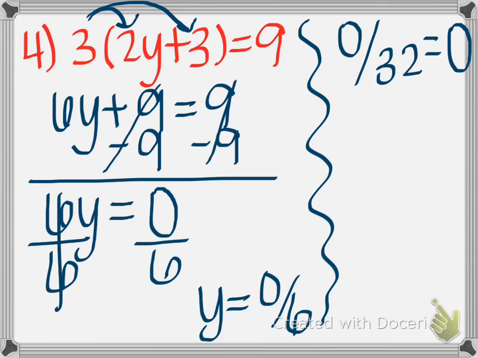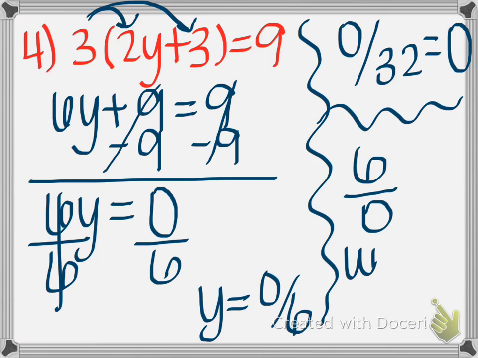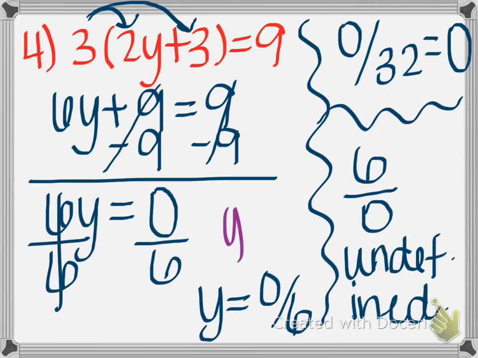Okay? Now, when I have some number, doesn't matter what it is, 6 over 0, if I'm dividing by 0, then that is always undefined. Okay. So, 0 on top is just 0, 0 on bottom is undefined. But for this question, y equals 0 because 0 is on top.